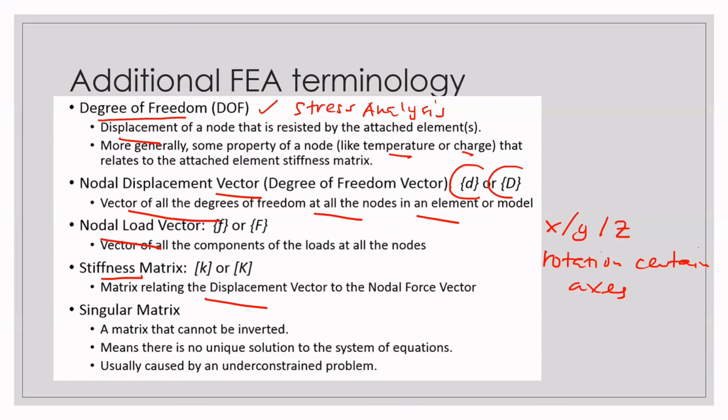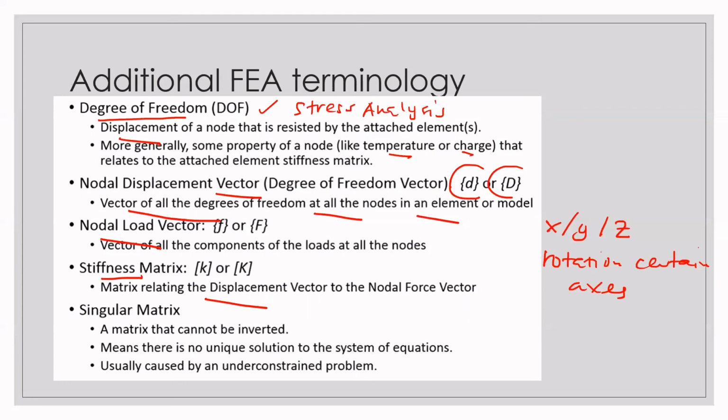So the stiffness matrix is always a square matrix, and it has the number of columns and rows that correspond to the total number of degrees of freedom in the element or in the entire model. So the lowercase, by the way, throughout here, I'm using to indicate the element properties, and the uppercase will correspond to the whole system properties after we assemble them.